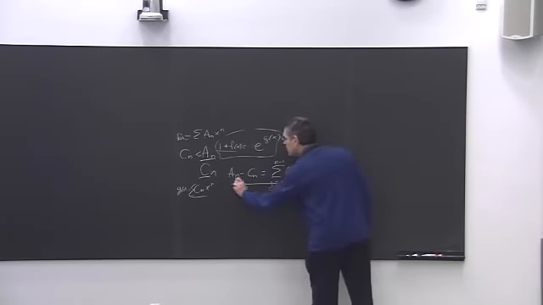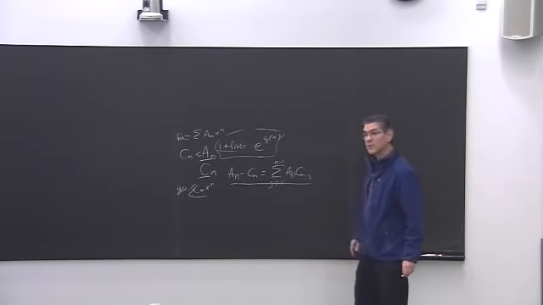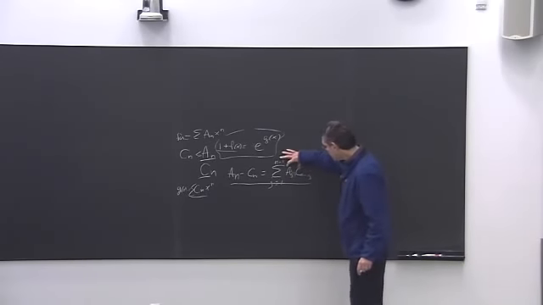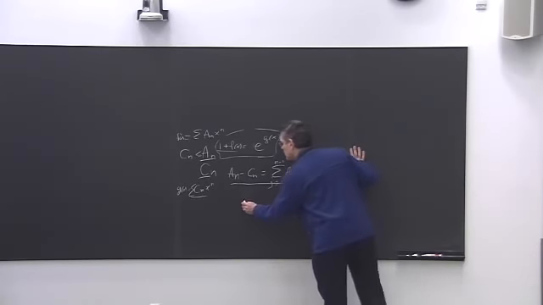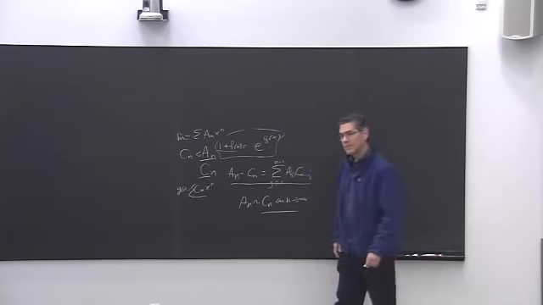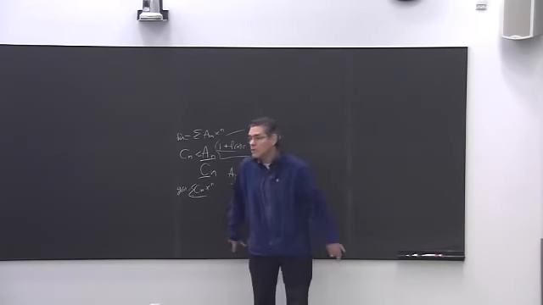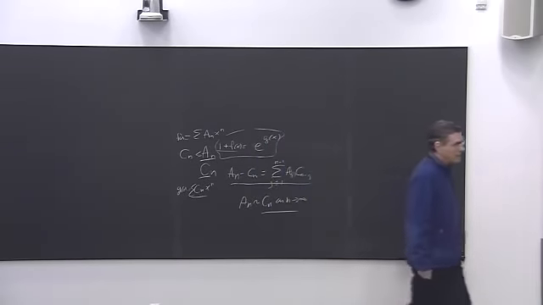That's a convolution. Solve this equation asymptotically and show that a sub n is asymptotic to c sub n as n goes to infinity. So I can go over details with you.